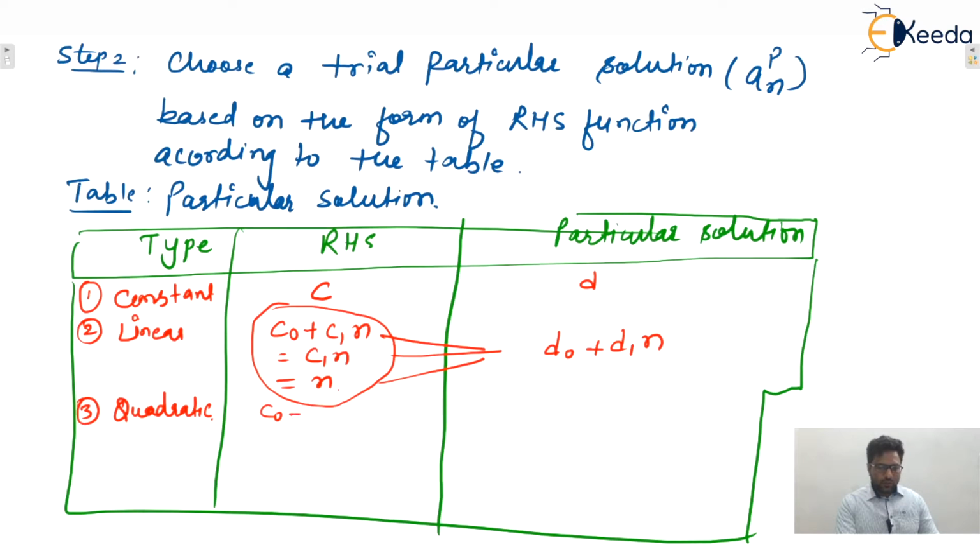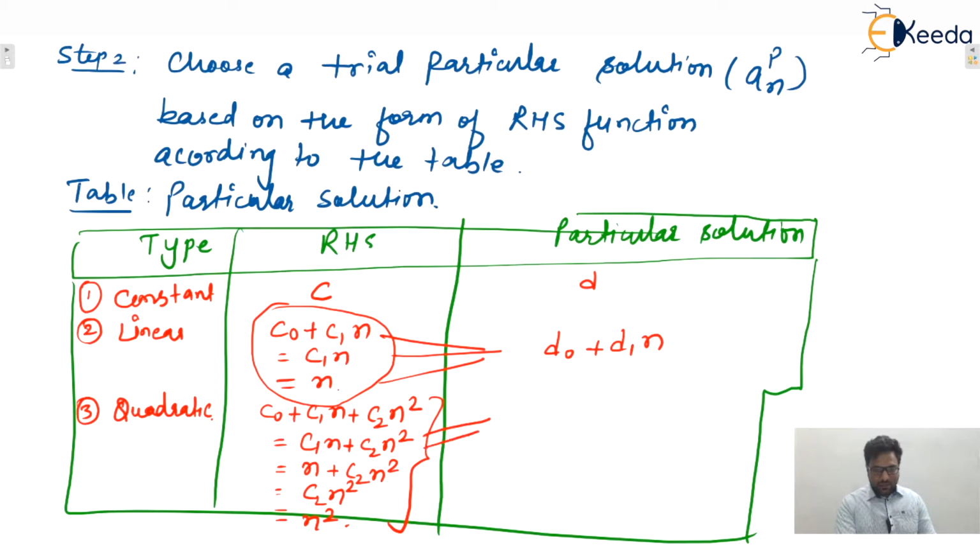Let's say this is c naught plus c1 n plus c2 n square, or it could be c1 n plus c2 n square, or n plus c2 n square, or c2 n square, or only n square. All these are quadratic functions. So for all of these, your trial particular solution will be d naught plus d1 n plus d2 n square. I hope this one is clear.